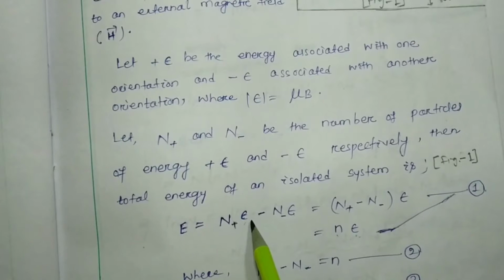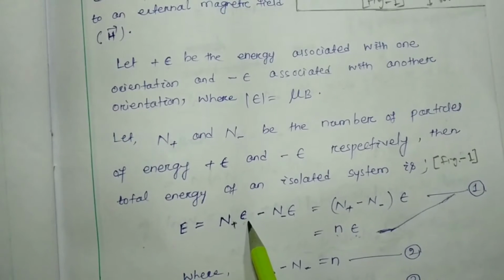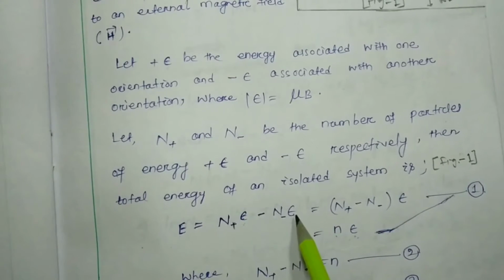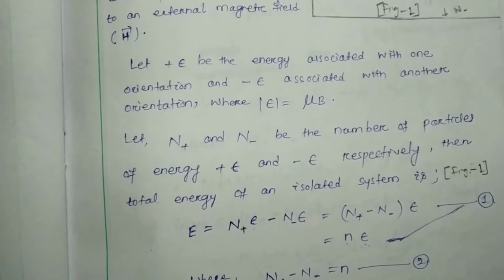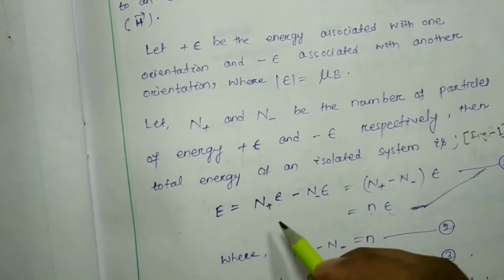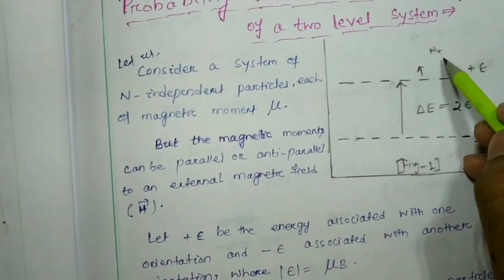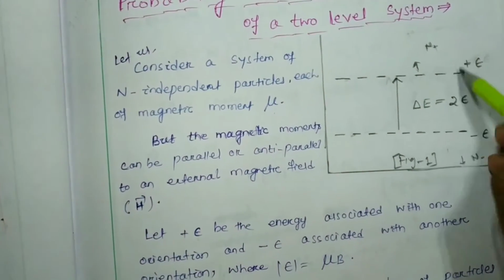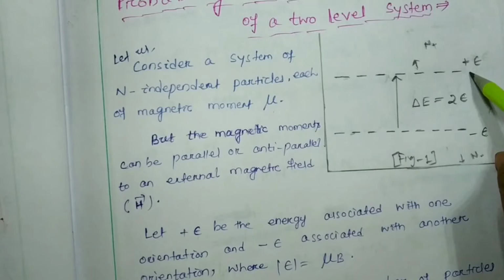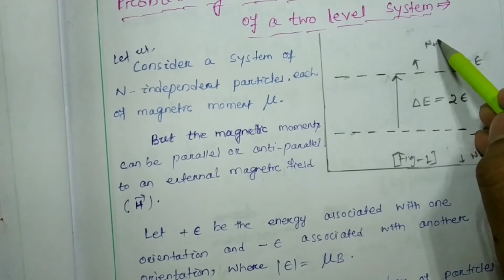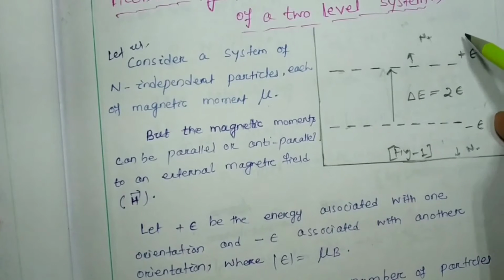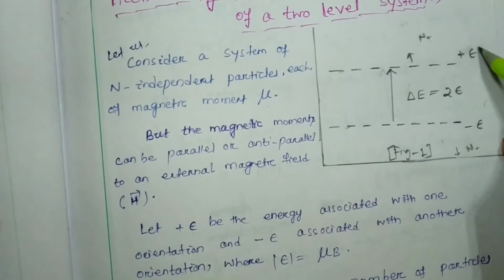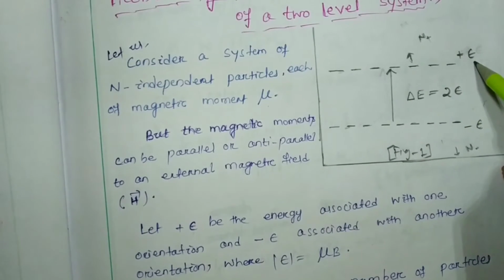E equal to N plus epsilon minus N minus epsilon. For the higher state, the number of particles is N plus, so the total energy for this state is N plus into epsilon.